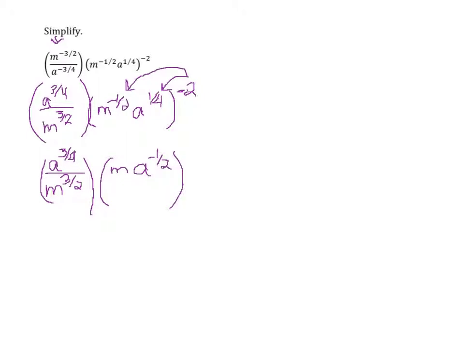Rewriting that, I could look at that as a to the 3/4 over m to the 3/2 times m divided by a to the 1/2 power.